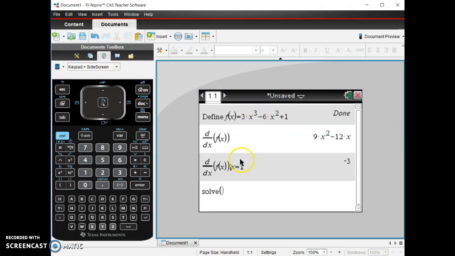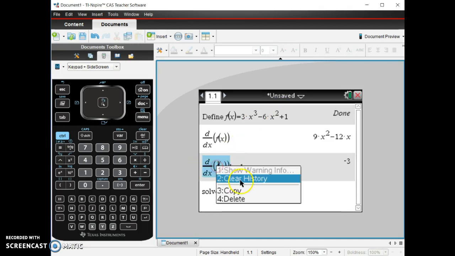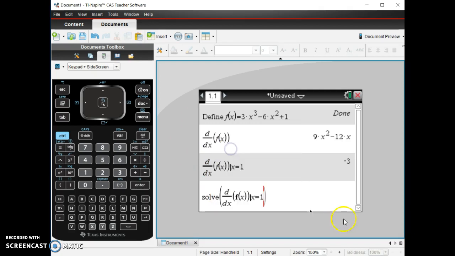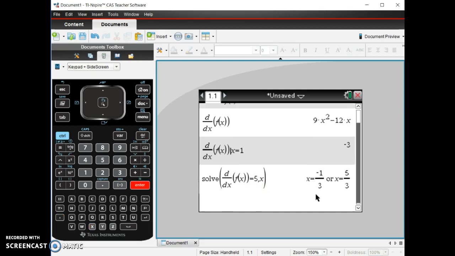We can just type in our derivative here, or copy and paste it from above, and solve it equal to 5. When we solve our derivative equal to 5, we get x equal to minus a third, or x equal to 5 over 3.